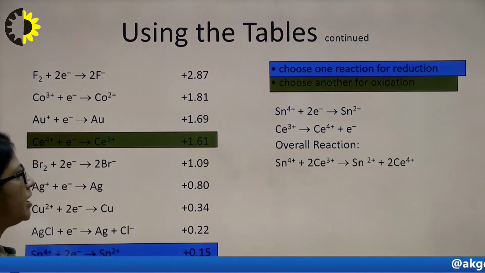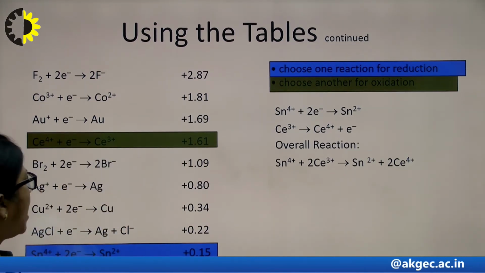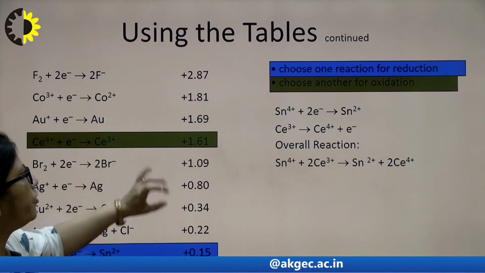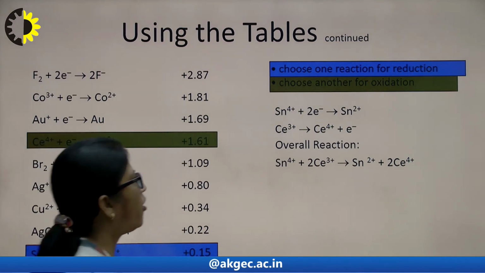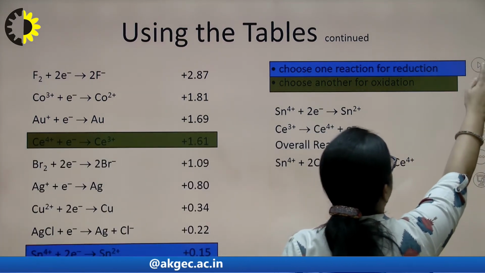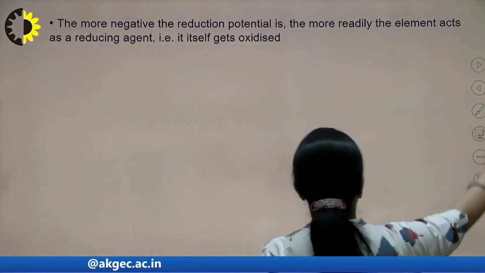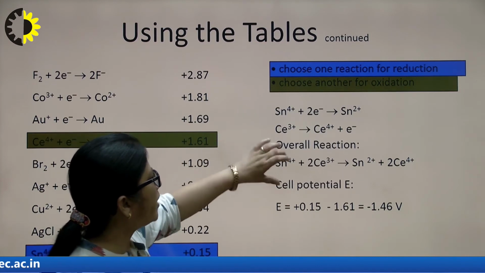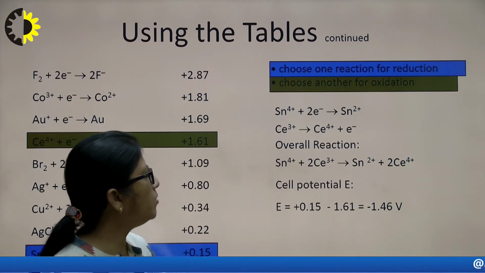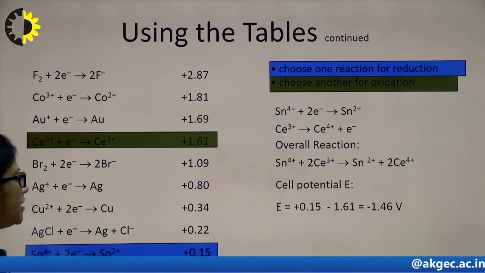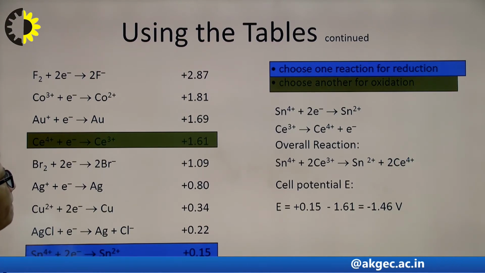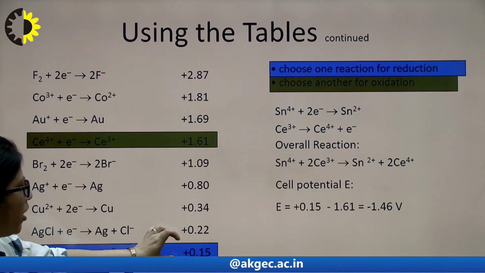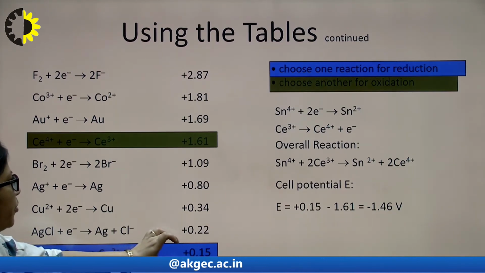Now, I have taken another example. Similarly, I have taken one reaction for the reduction and the other reaction for the oxidation. This is the overall reaction, and this is how the cell potential has been calculated. This is the reduction reaction having the value of plus 0.15 volts as the half cell electrode potential.